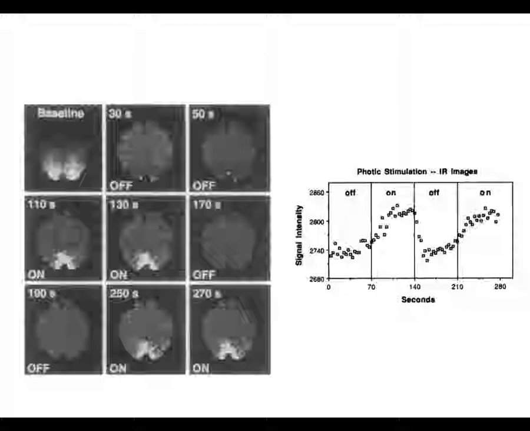So occipital cortex should light up for visual, motor cortex should light up for motor activation, and that's what they found. Quite revolutionary, first time anybody had done this with MRI, and it opened up whole new possibilities because up until then the only really spatially resolved imaging was PET, which involved radioactivity, which was obviously quite limiting.